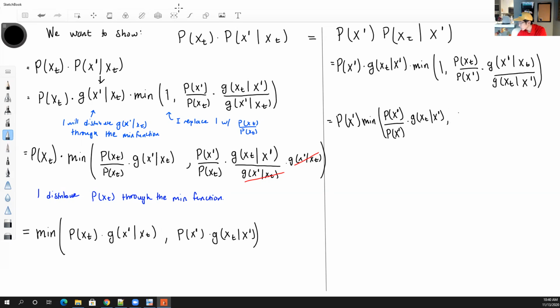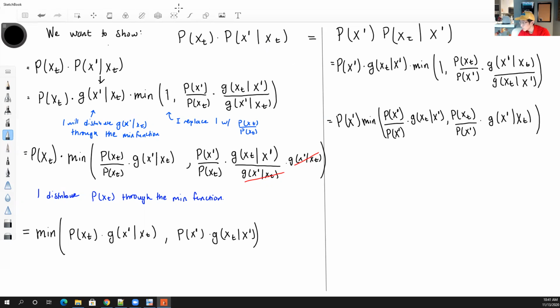So the minimum of that, and on this side, I've got the probability of xt divided by the probability of x prime, times g of x prime given xt. If it's okay, I'm going to go straight to the canceling here.